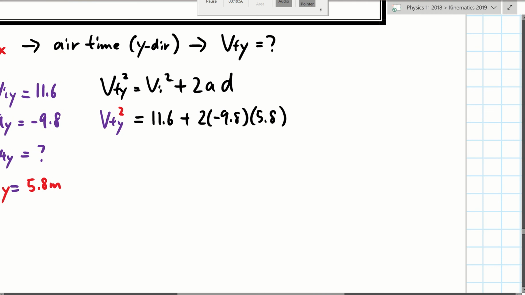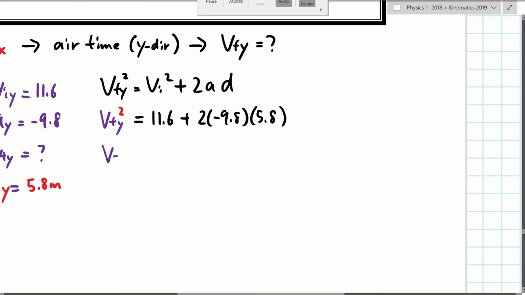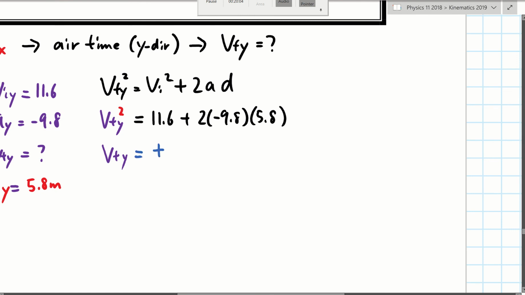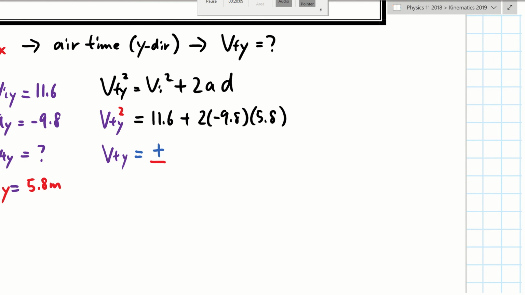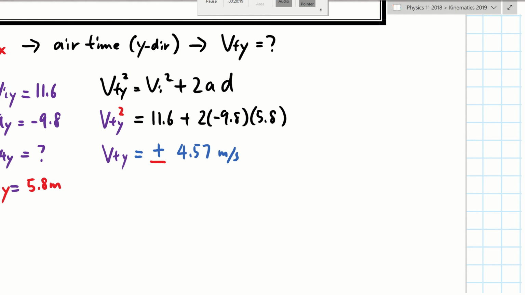And this is where the special part actually comes in. When you take a square root, you have to answer plus or minus of that answer. Now, I got the answer to be 4.57 meters per second, but it's plus or minus that 4.57 when you take a square root. It turns out both answers are actually correct.